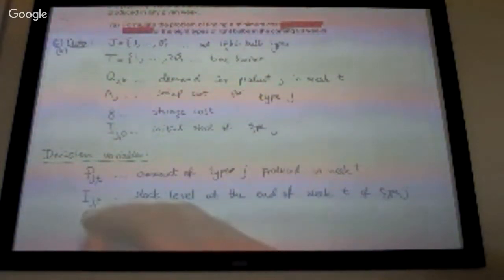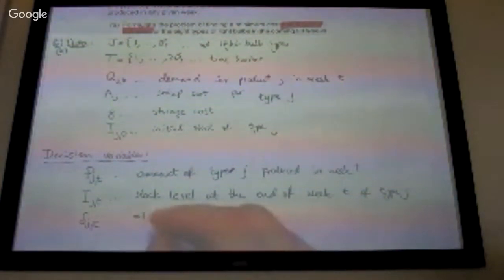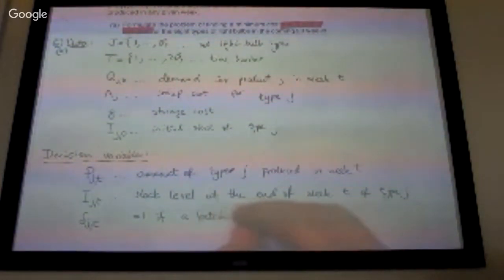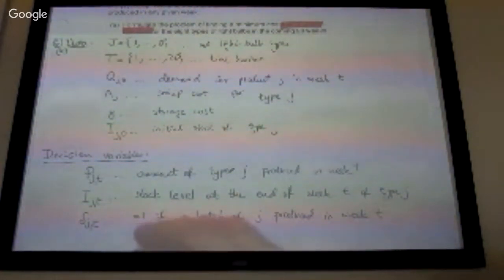Doesn't matter, you can call them B. But they have to be different for each batch produced per week, because for each of them you need to do the setup slightly differently. That's the idea. So this is a binary variable, which is 1 if a batch of J is produced in week T, and 0 otherwise, and all of them are for all J in J and T in T.